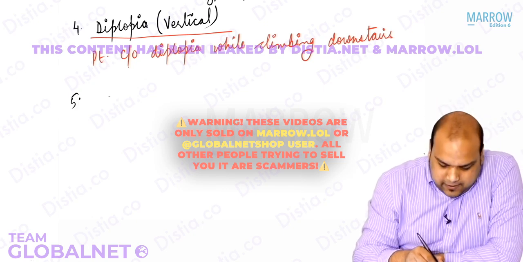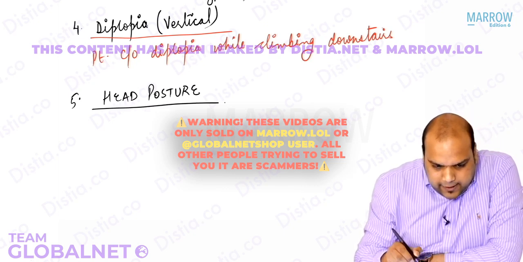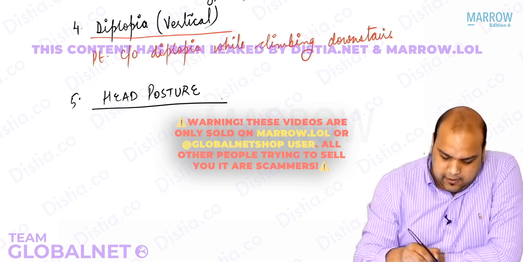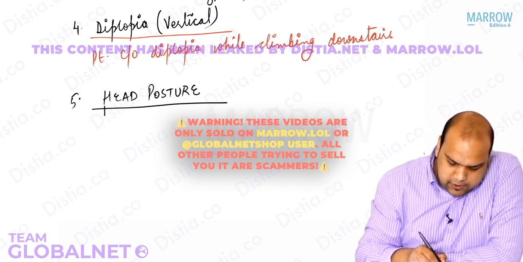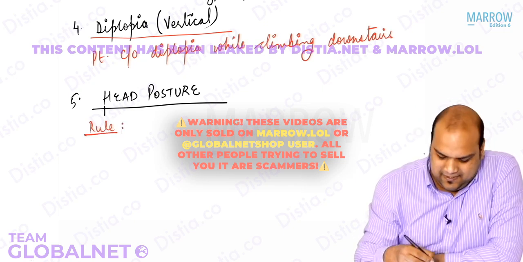Number 5. To adapt, everybody, patient will assume a head posture. Head posture. Okay? Now, let's see head posture. Let's first write down the rule for the head posture in simple English, and then let's understand.